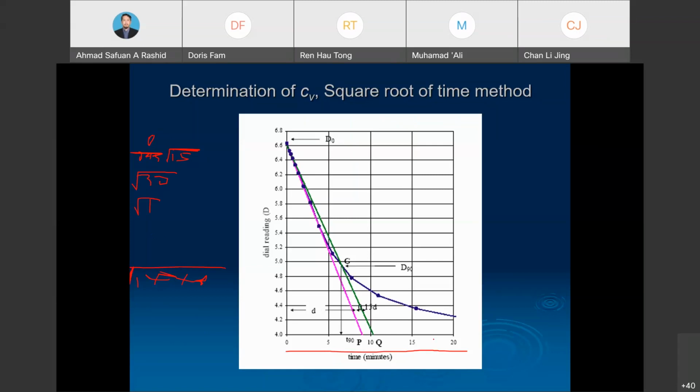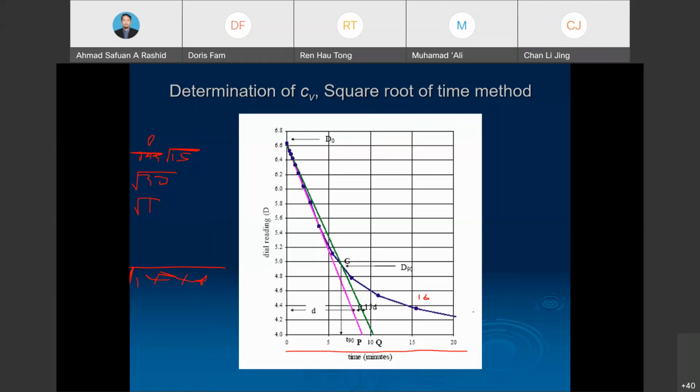So kalau case yang ini, 16, square root of 16. Okay, so this is 16.